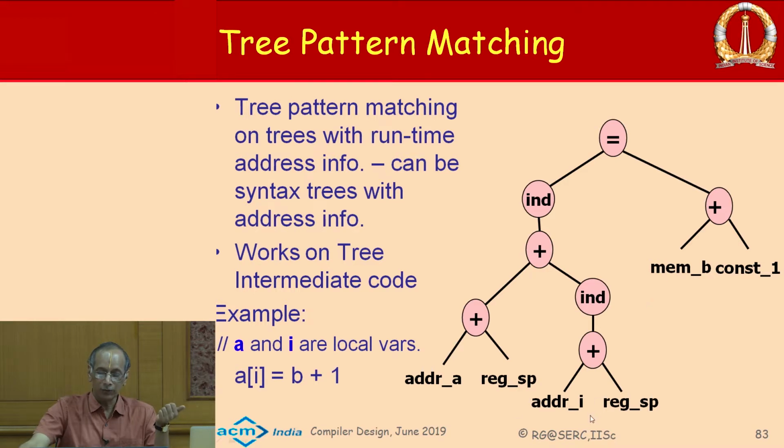Whereas, to specify the address of I, it is much simpler. It is going to be a small offset from the stack pointer. So, I can use it using a displacement addressing mode, and in the displacement addressing mode, my offset is going to be a small constant 4, 8, maybe 32, maybe 48, whatever number it is, but it is still less than a 12 bit or a 16 bit number, and therefore, I can actually use that index addressing mode, correct.